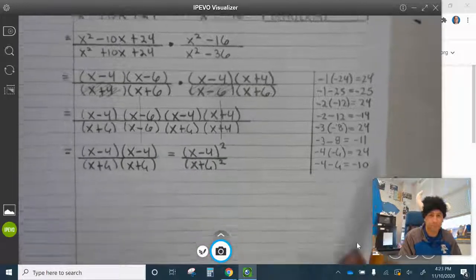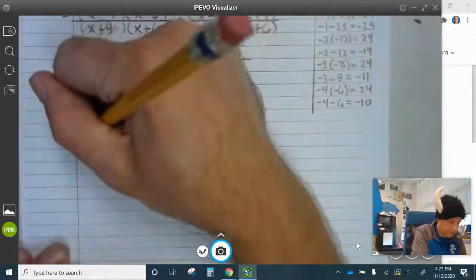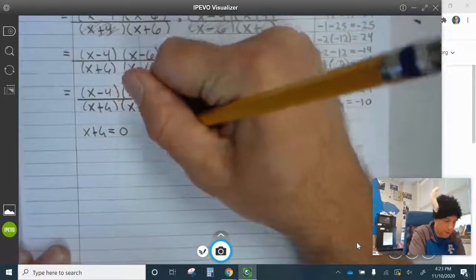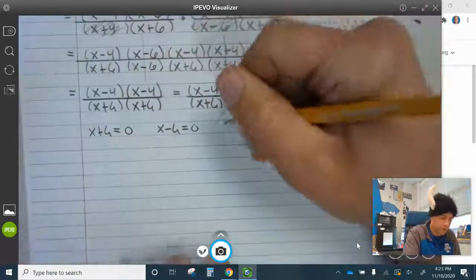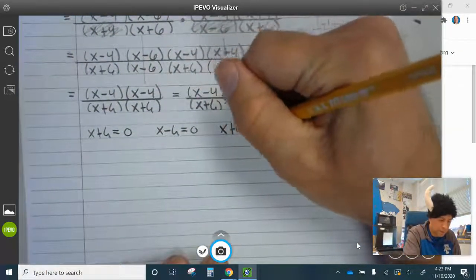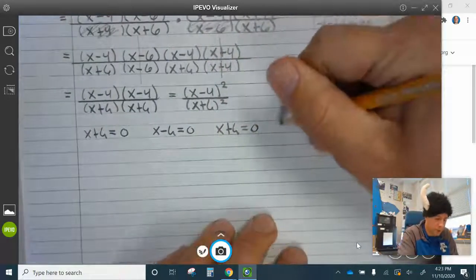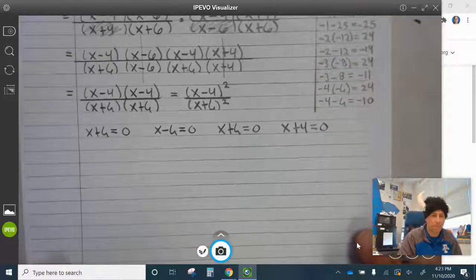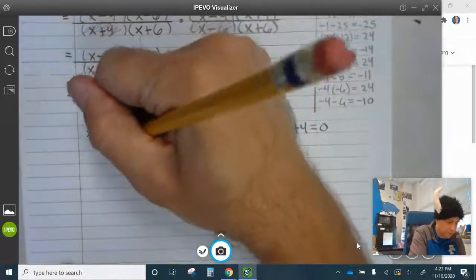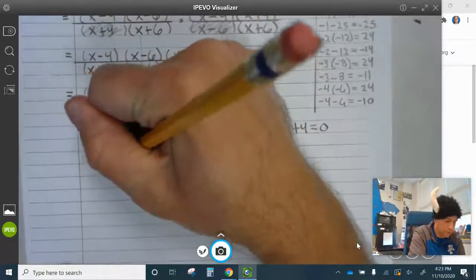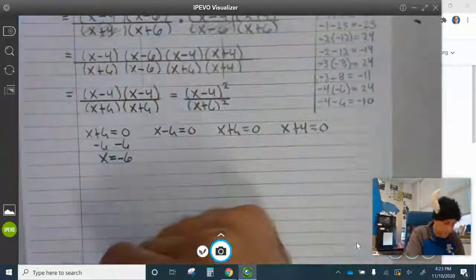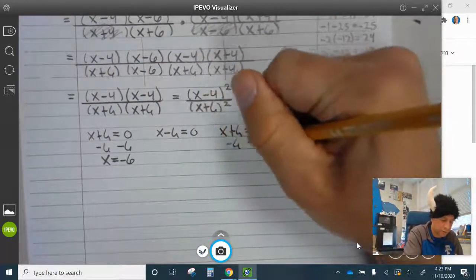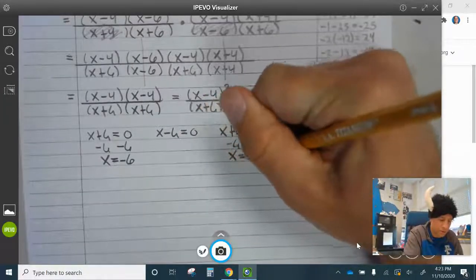okay? So we need to set x plus 6 equal to 0, x minus 6 equal to 0, x plus 6 equal to 0, and x plus 4 equal to 0. So subtract 6 from both sides, x equals negative 6. Now, it just so happens that these are the same, so if you subtract 6 from both sides, x equals negative 6.